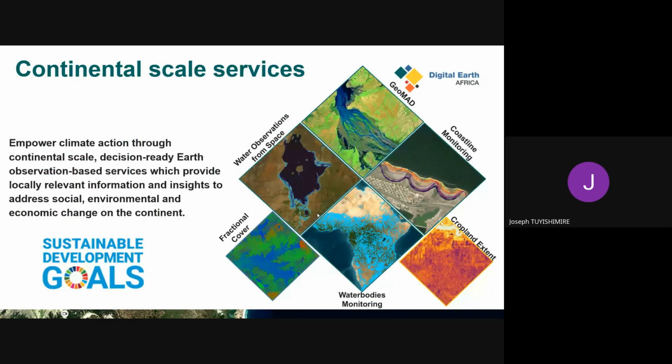Among the products we've covered, all these products you can see here, today we'll be mostly using the GeoMads and the coastlines monitoring tool that inform urban change and also the trend of coastal erosion and impacts on both the coastal infrastructure and the coastal ecosystems.